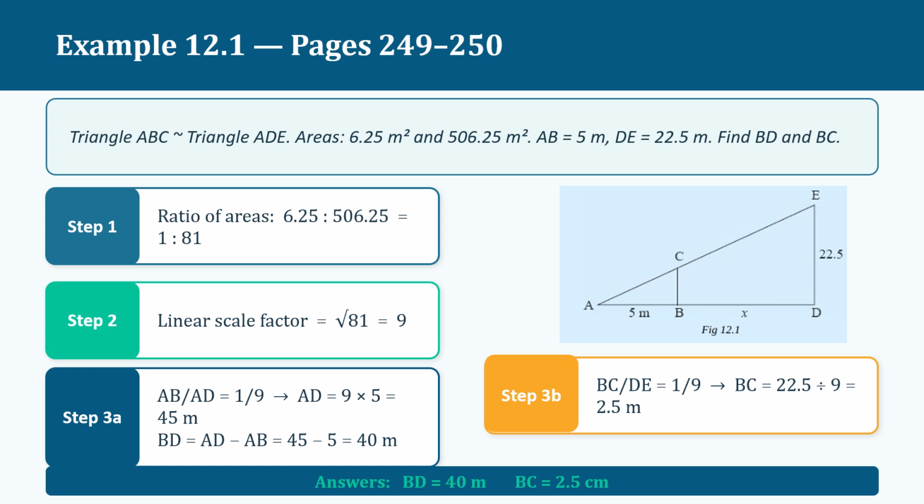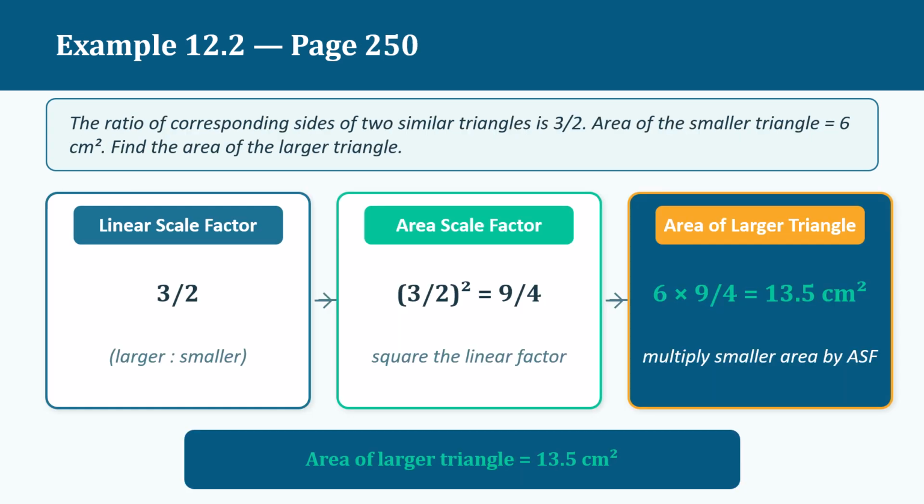So BC is equal to 1 over 9 times DE. DE is 22.5, so it's 1 over 9 times 22.5, which is 2.5 meters. So the length of BC is 2.5 meters. So the answers are: the length of BD is 40 meters, the length of BC is 2.5 meters, not centimeters.